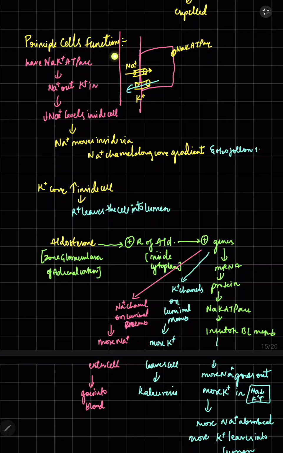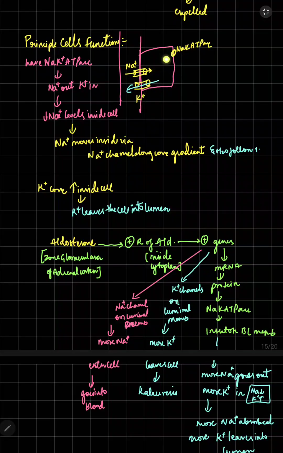Now let's look at what the principal cells do. They have sodium potassium ATPases on the basolateral side, which take sodium out and potassium in, making the cell sodium poor, right? These pumps make the cell sodium poor, and the cell has sodium channels and potassium channels on the luminal side.